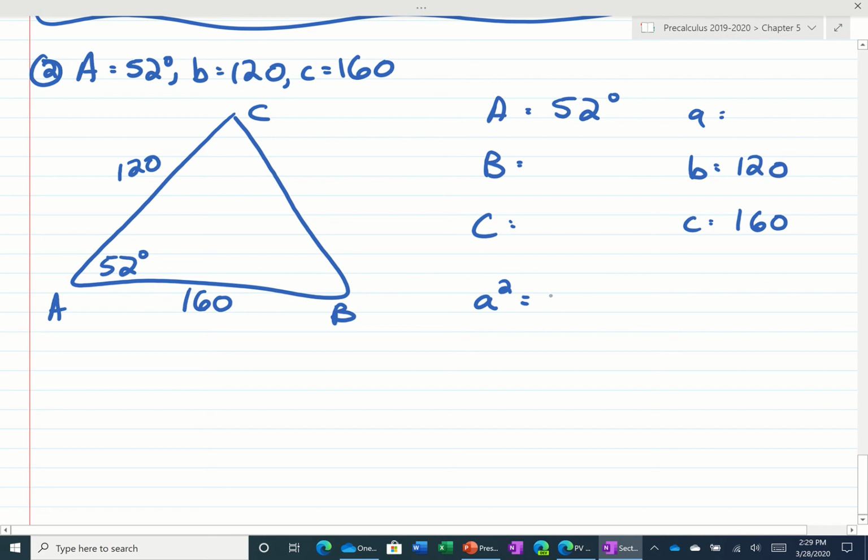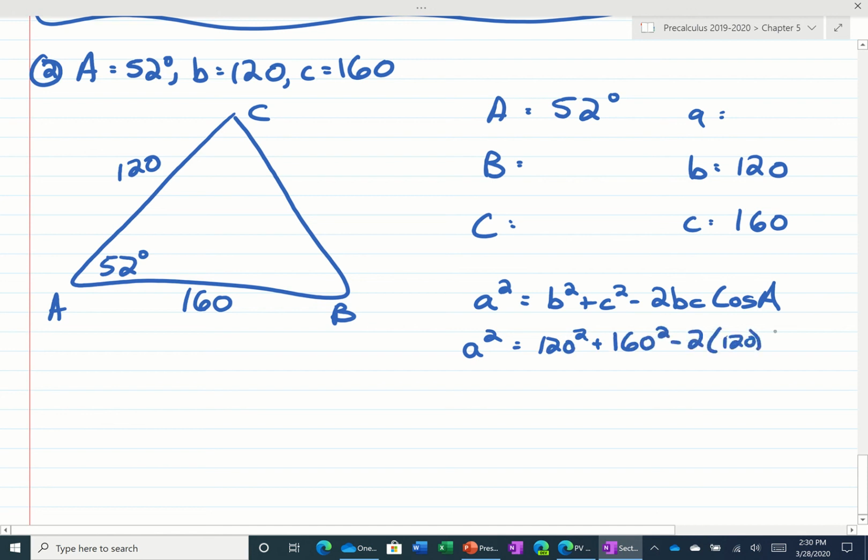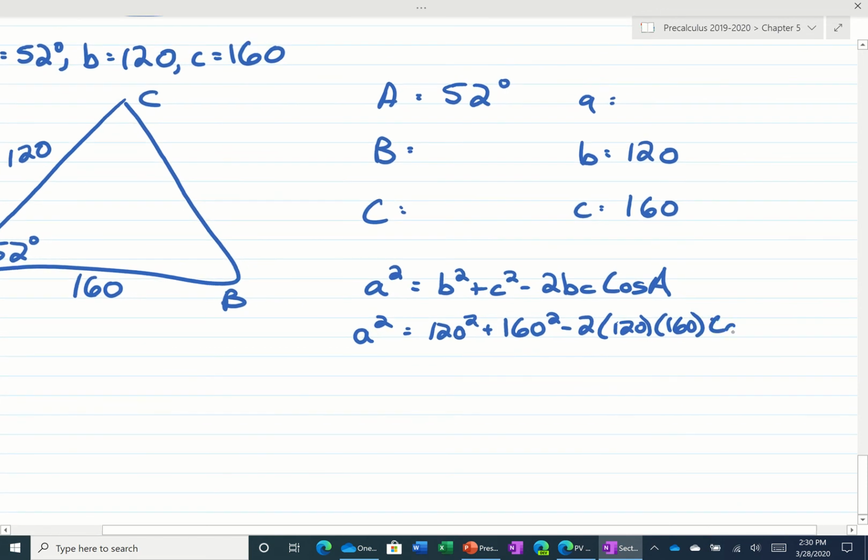It says A squared is equal to B squared plus C squared minus 2BC cosine of angle A. So A squared would equal 120 squared plus 160 squared minus 2 times 120 times 160 times the cosine of 52.